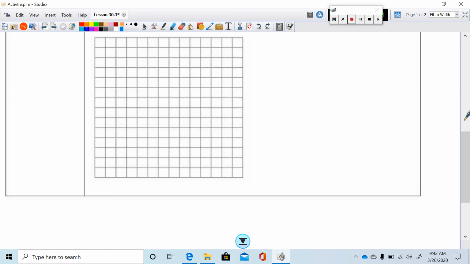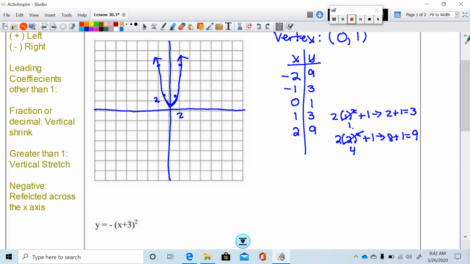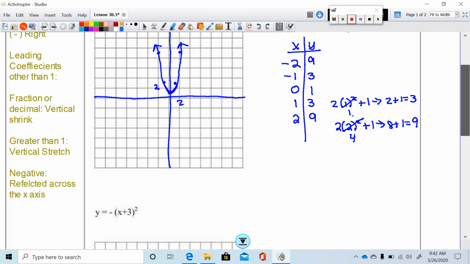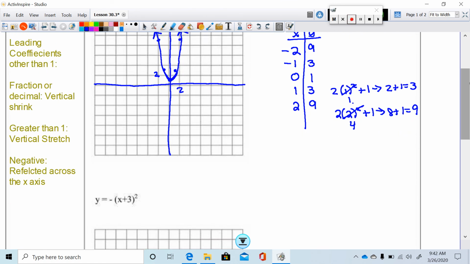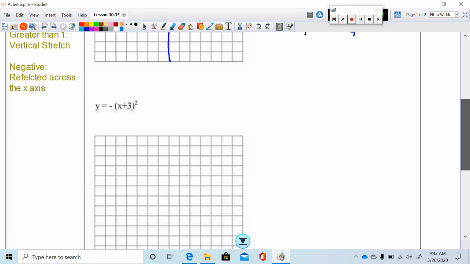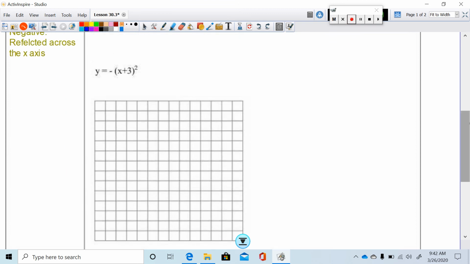Second problem. The second problem, because there's a negative sign in the front, it's going to be reflecting across the x-axis.